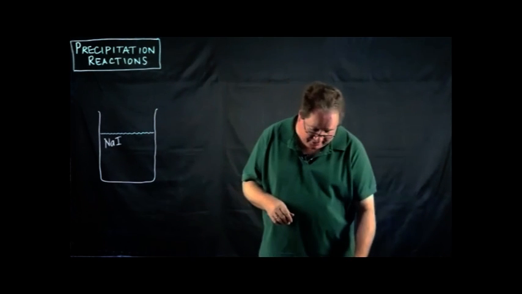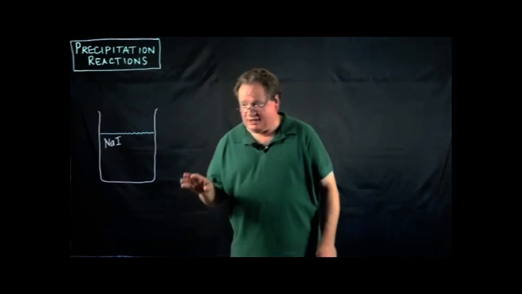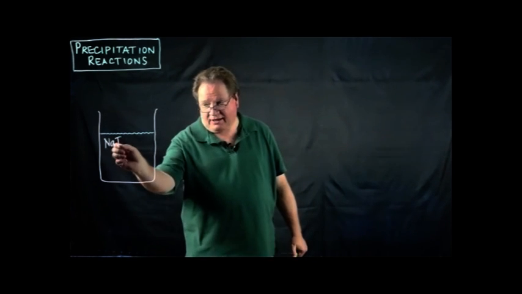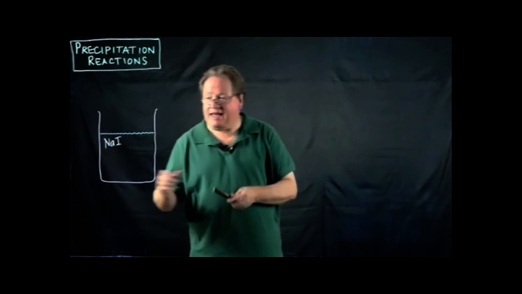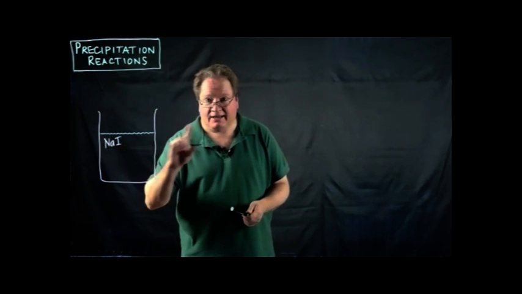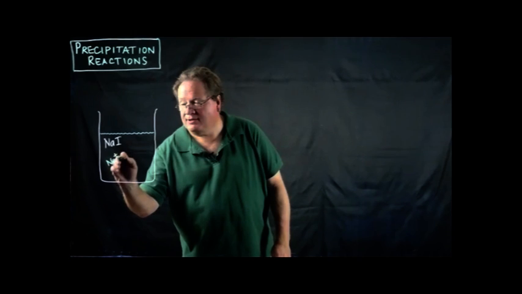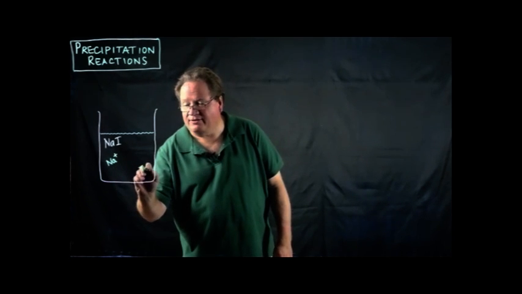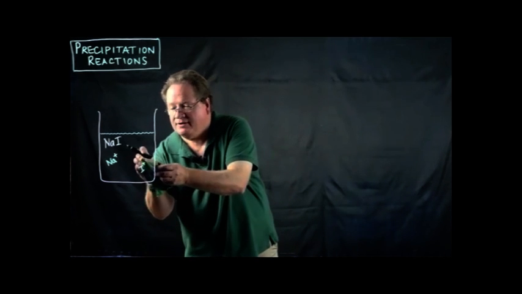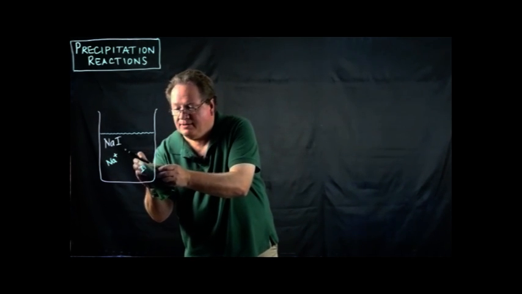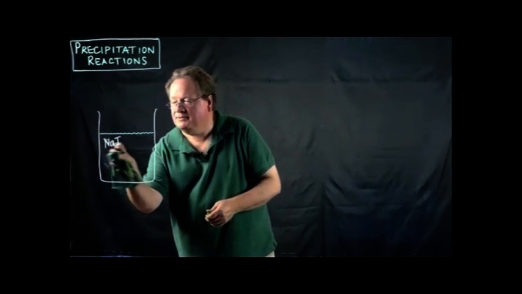Now the thing about sodium iodide is that when it dissolves in solution, these two break away from each other. So what I actually had is not sodium iodide. Instead, it's sodium ions and iodide ions separated. Oops, that's not positive, that's negative. Let me erase the whole thing. Let's start over.